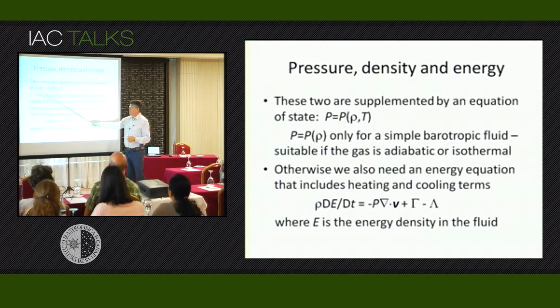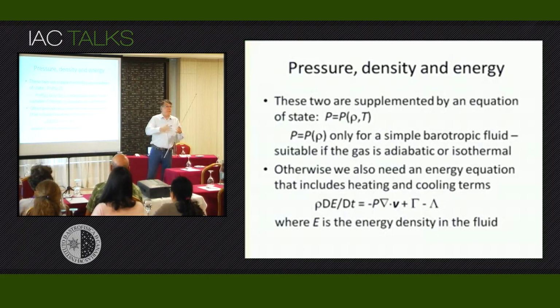But if you've got a particularly simple fluid, which we call a barotropic fluid, then the pressure is a function of density only. And this is true if the gas is isothermal, that is, the temperature doesn't change as it moves, that it radiates away or absorbs heat from some mysterious sources which you don't have to worry about. You just assume that the gas is isothermal.